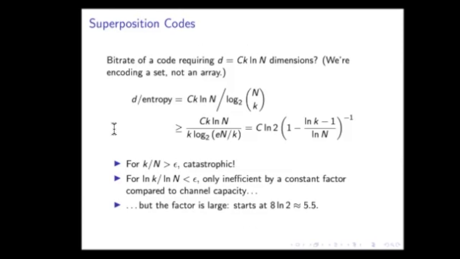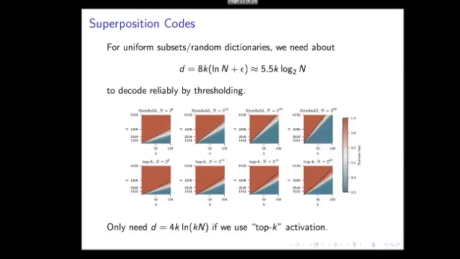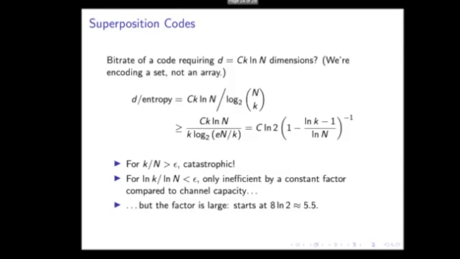There's also one more problem. I have so far said that I don't like this 5k log n because the constant term is pretty big. But remember that we're not encoding an array, we're encoding a set.